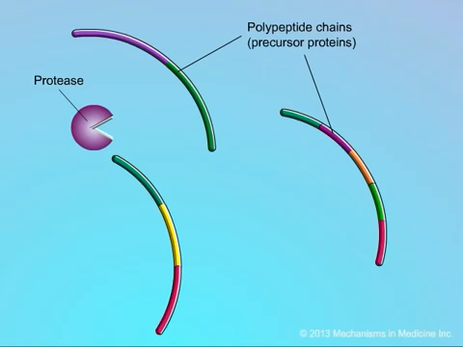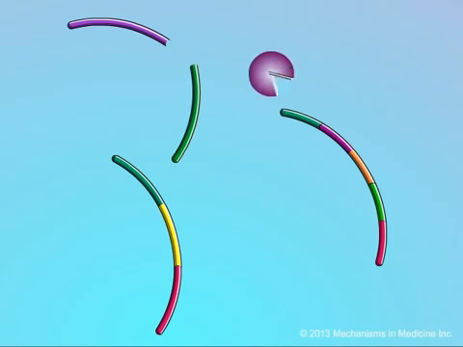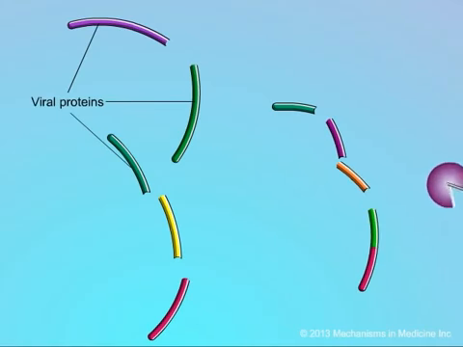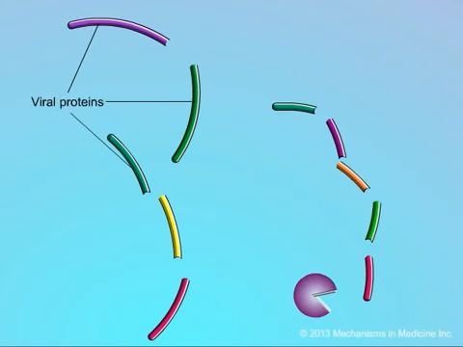What is required, rather, in order to get a virus that will be infectious, in order to reinitiate a new cycle of infection, is that the viral protease enzyme actually cuts these long precursor proteins or polypeptide chains into smaller individual subunits.